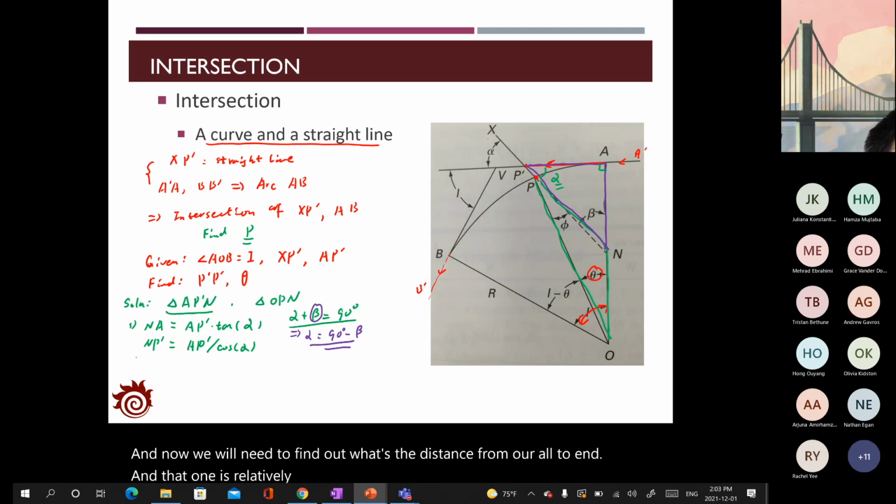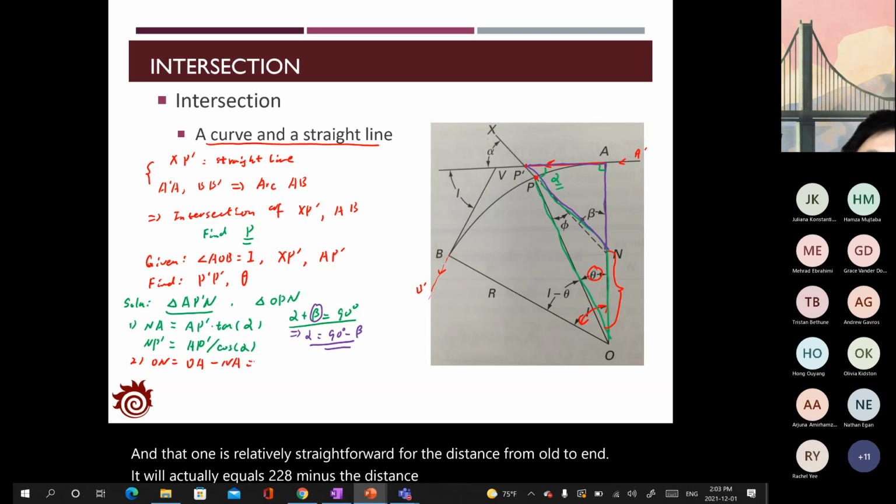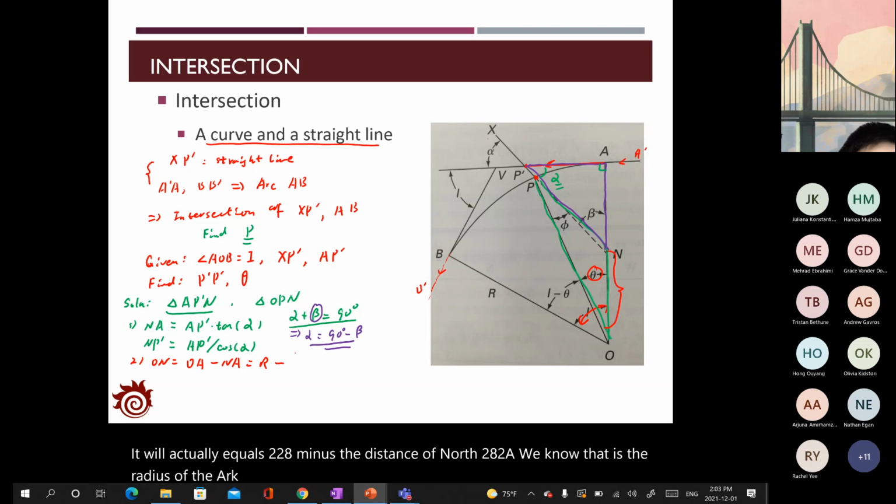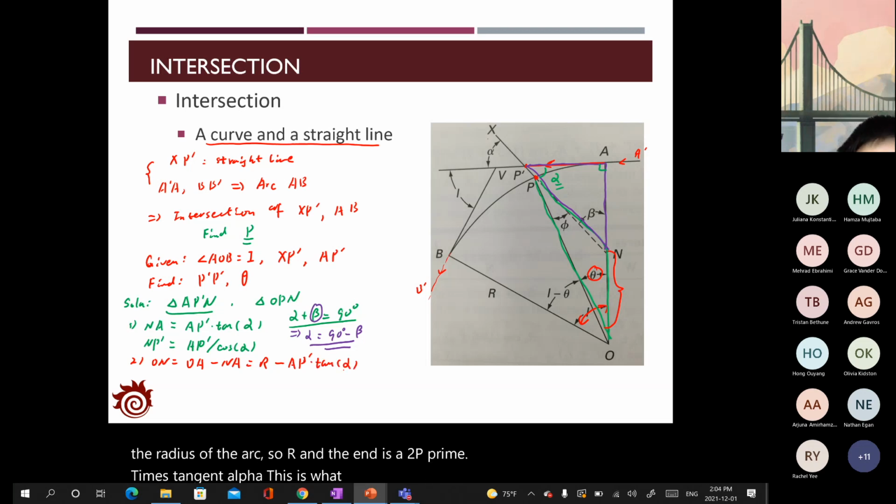The distance from O to n will equal O to a minus the distance of n to a. O to a, we know, is the radius of the arc, so r, and n to a is a to p prime times tangent alpha. This is what we calculated.